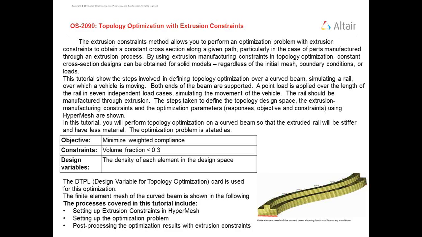The DTPL, design variable for topology optimization card, is used for this optimization. The finite element mesh of the curved beam is shown in the following. As you can see here, the processes covered in this tutorial are setting up the extrusion constraint in HyperMesh, setting up the optimization problem, and post-processing the optimization results with the extrusion constraint.